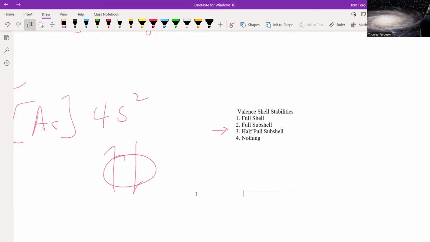So what ion do you think calcium would form? Right now we're sitting at a full half shell, so that's not too bad. But what can we do to make an ion, and number two, make it super stable? What's the most stable? Full shell, right? Is there any way we can manipulate that guy to make it a full shell?